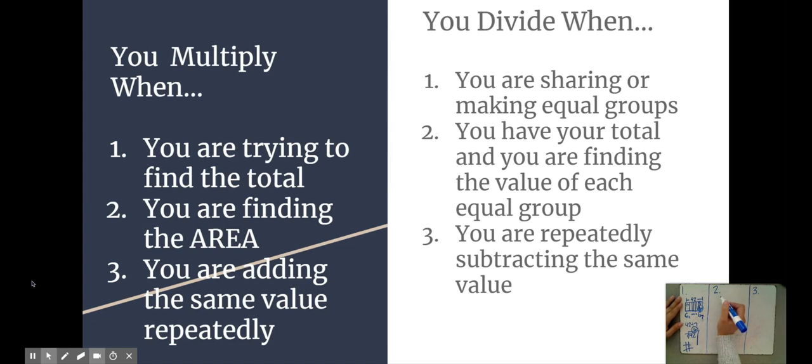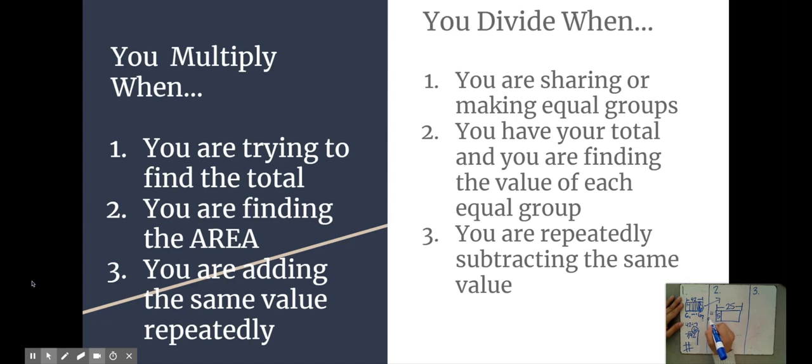And then let's say that the second example is you have your total and you're finding the value of each group. So that's kind of like what we did over here. I would say the same thing. So once again, you have your total. The common theme here is your total. So if you had 25 awesome cookies, and let's say that you have 5 in each, so each person is getting cookies.